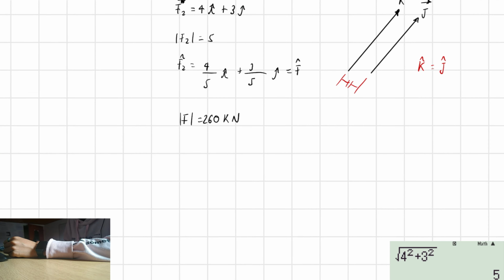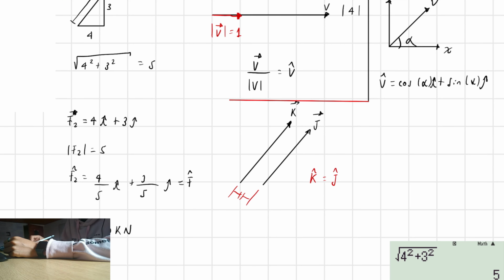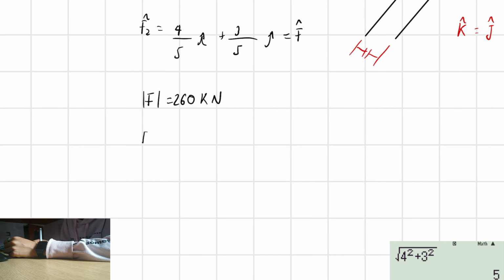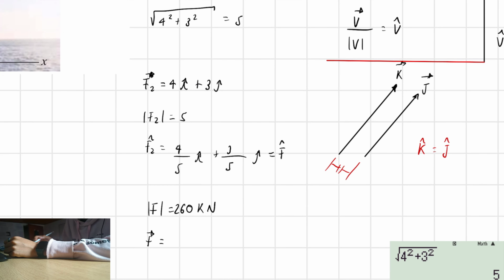That means that I'm perfectly capable of finding the components of F using, once again, this equation. So F vector is going to be equal to the F unit vector multiplied by the magnitude of F, the vector.